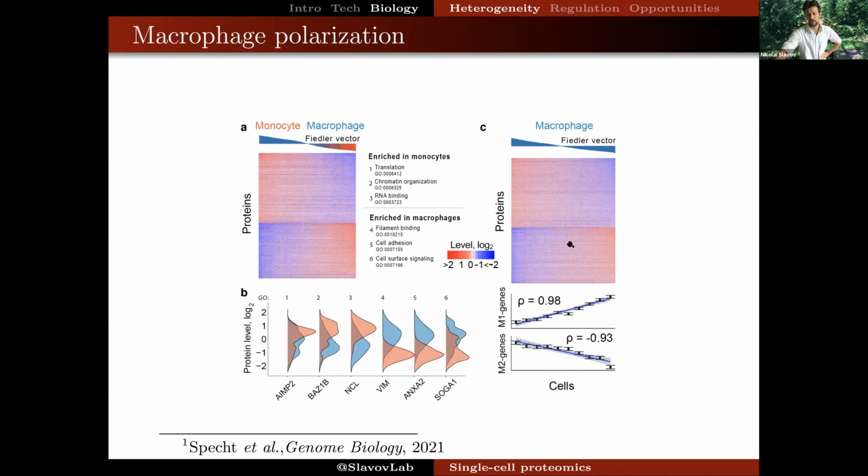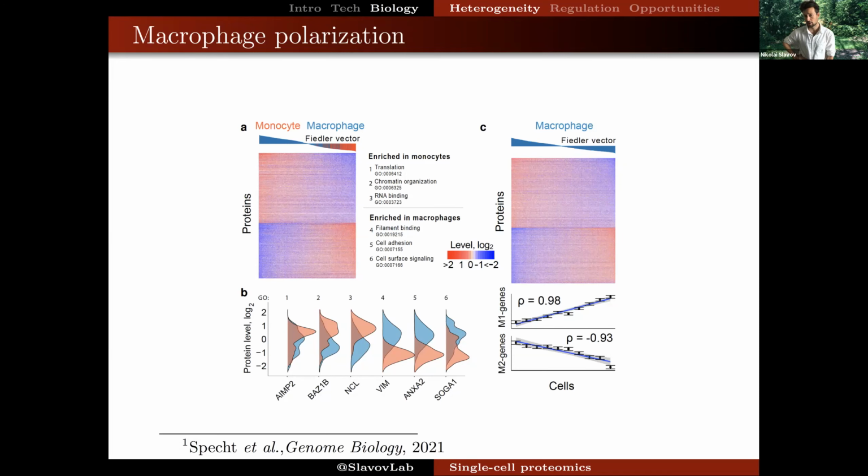If we look at the proteins that are more abundant in monocytes and macrophages, again, as part of our validation, we see what we would have expected. We see that monocytes have higher abundance of proteins involved in cell proliferation, while macrophages have more immune-related proteins, adhesion-related proteins, and so on.